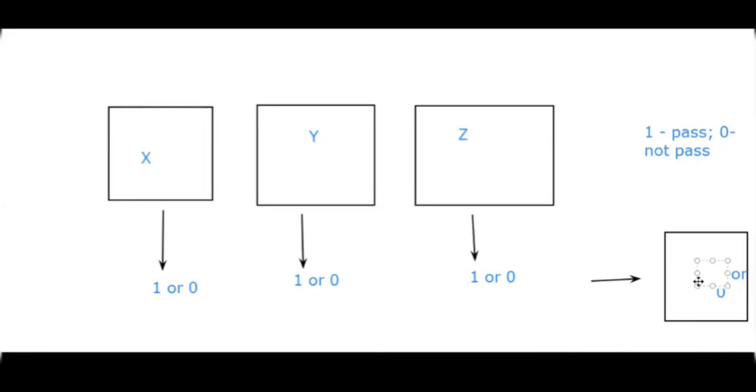If you look at the manager's decision, you can formulate a table like that for this problem. In this tire company, there are three quality tests, X, Y and Z. X would have either 1 or 0, Y would have either 1 or 0, and Z would have either 1 or 0. So you can write this decision in a truth table.